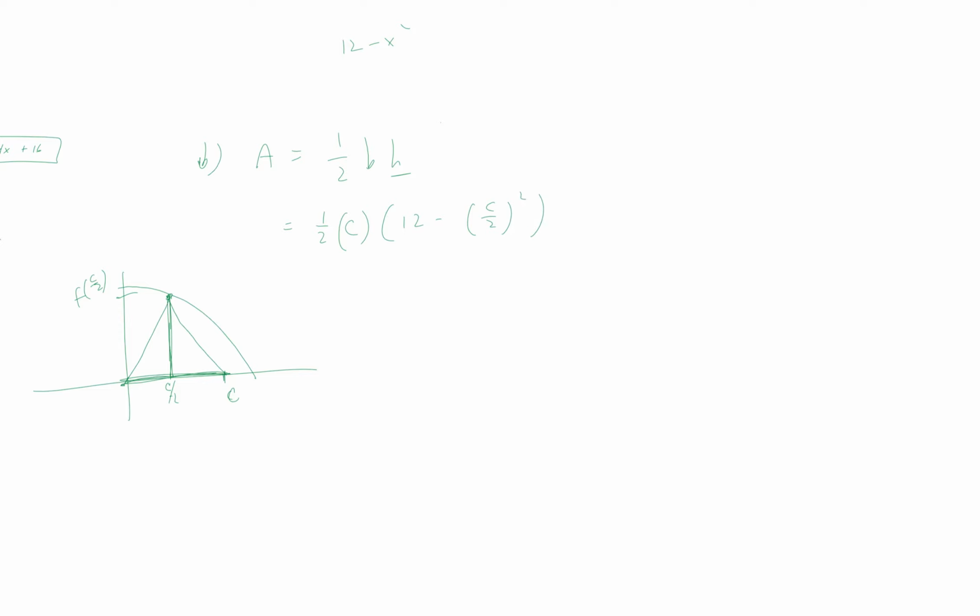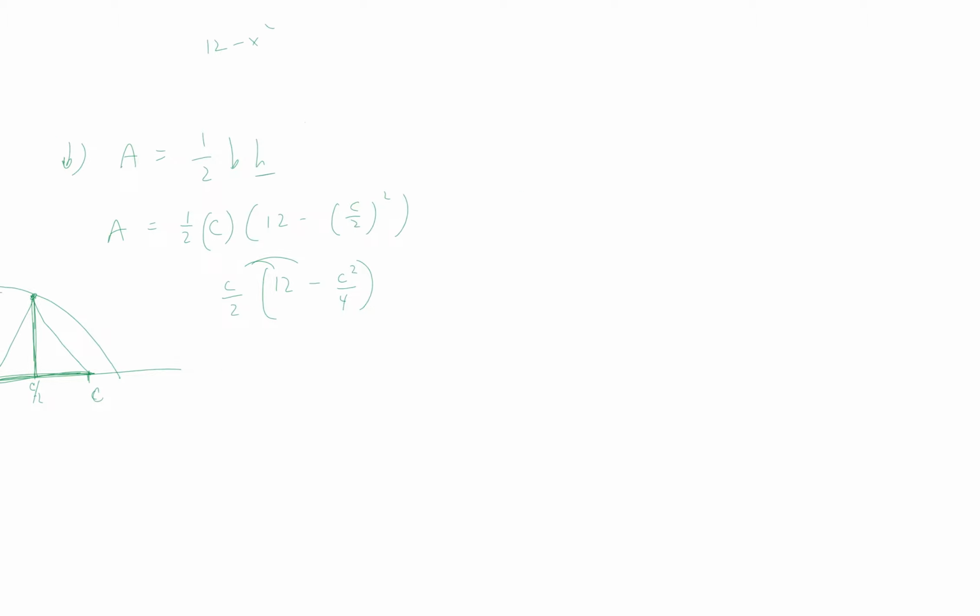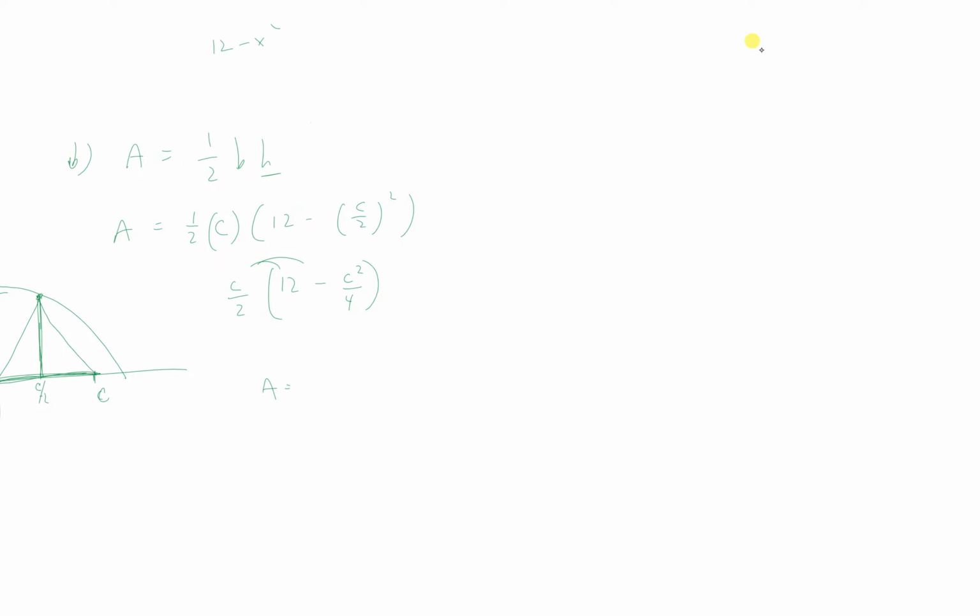I believe that makes the most sense, and this is the area, obviously. Let's clean this up a bit. This is (12 minus c squared over 4) times c over 2. I'm going to distribute this, and I get the area equals 6c minus c cubed over 8.